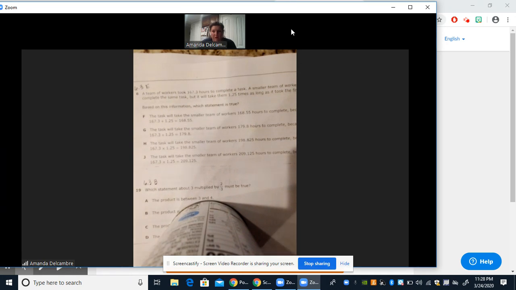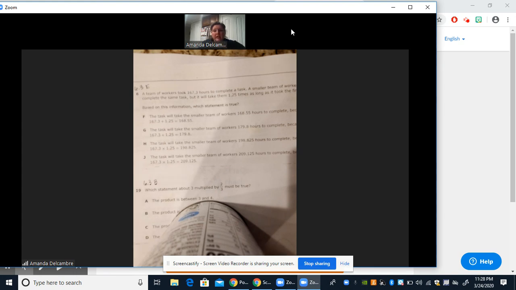A team of workers took 167 and 3/10 of an hour to complete a task. A smaller team of workers will complete the same task, but it will take them 1.25 times as long as it took the first team. Based on the information of workers, which statement is true?